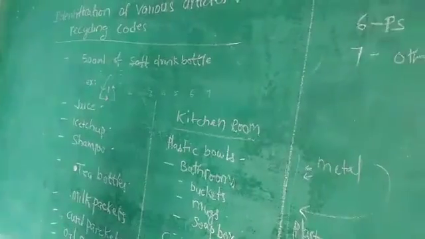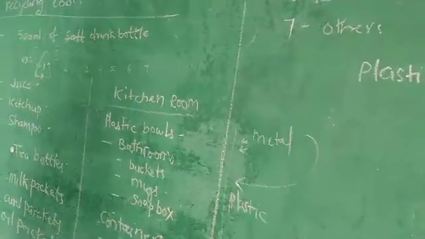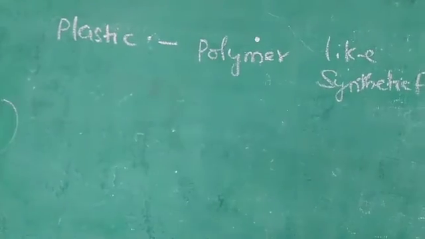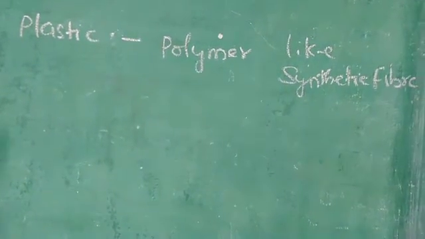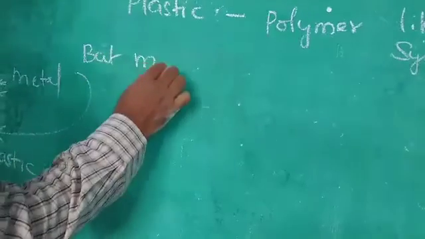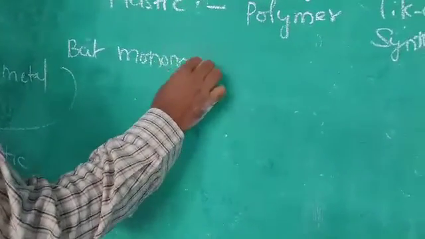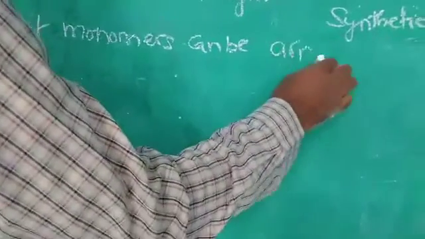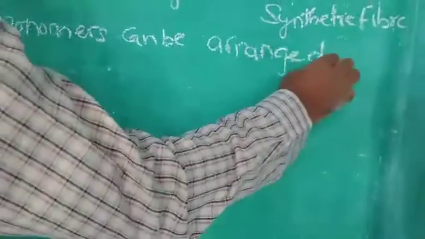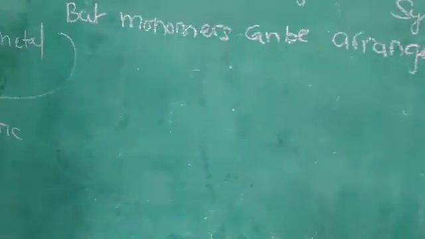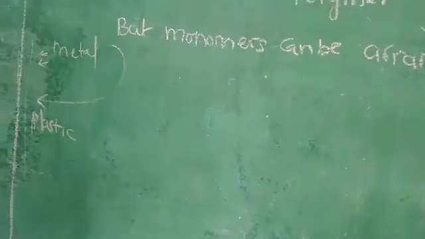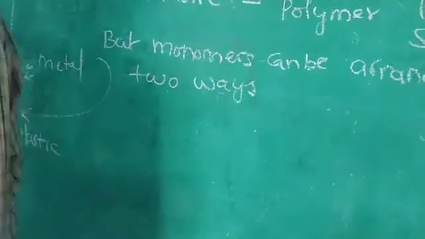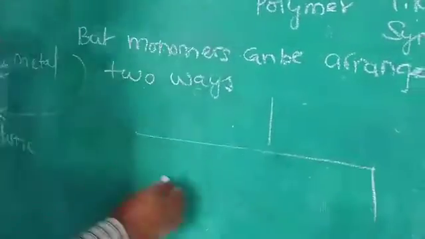But the monomers in the plastic can be arranged in two ways. Yes, these can be arranged in two ways.